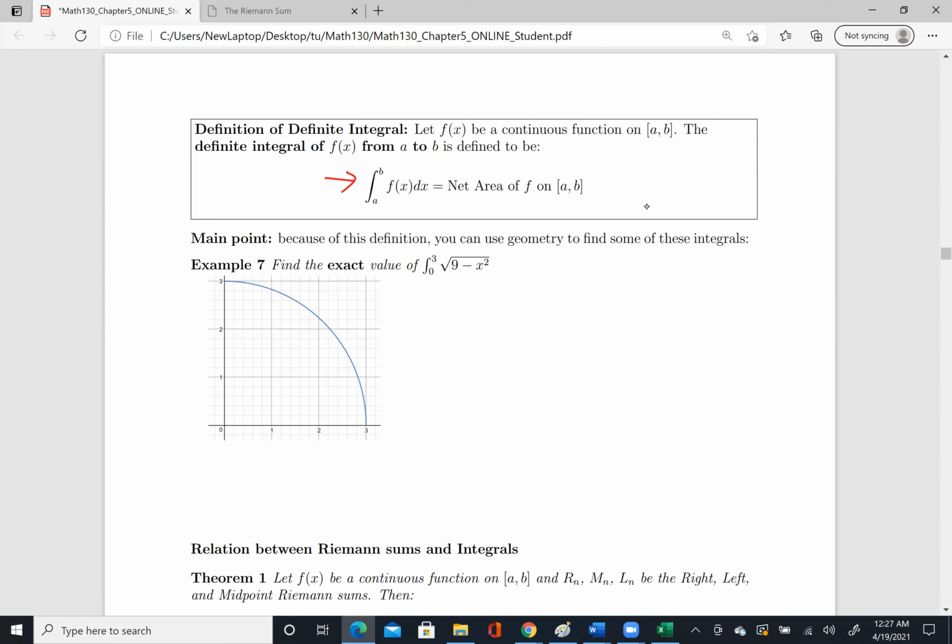So because of this definition, you can use geometry to find some of these integrals.